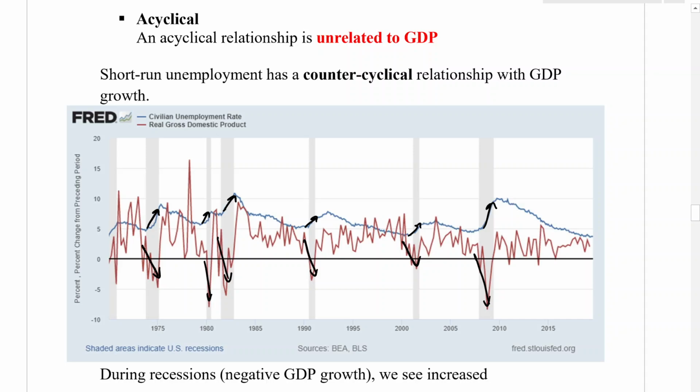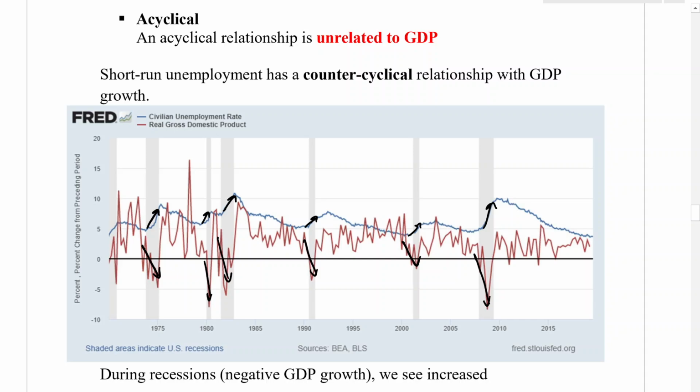Because unemployment moves opposite to GDP, we think of unemployment as countercyclical. We just have natural cycles of unemployment as it moves along with the economy.